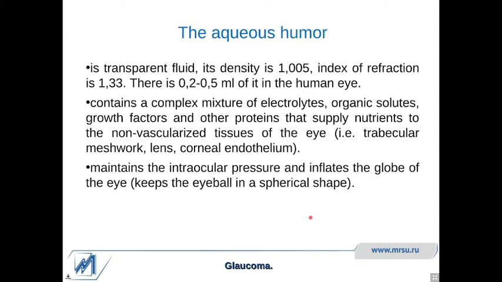That is trabecular network, lens, corneal endothelium. And one of the main functions of the aqueous humor is to maintain the intraocular pressure and inflate the globe of the eye.